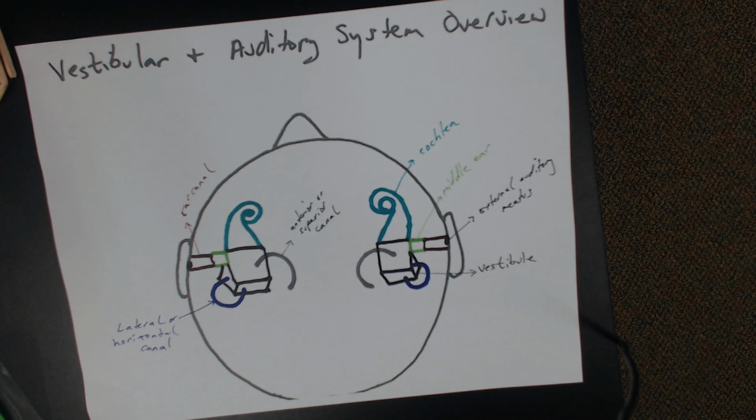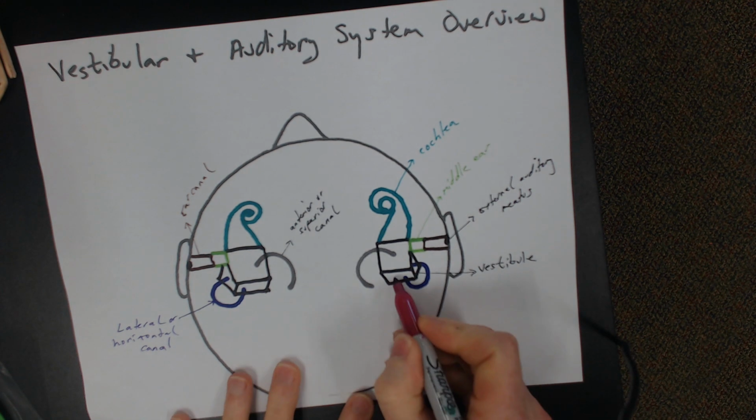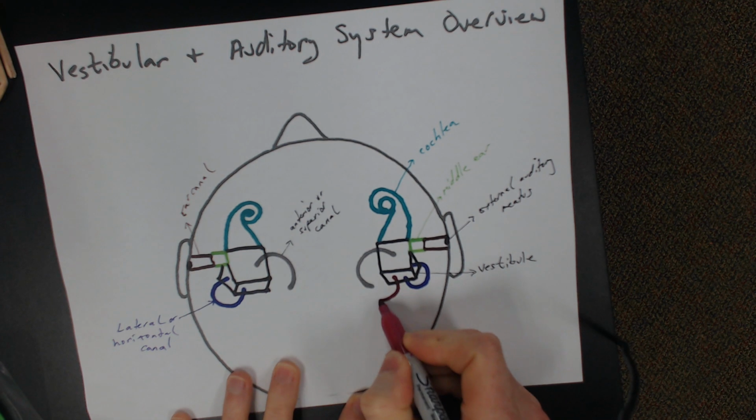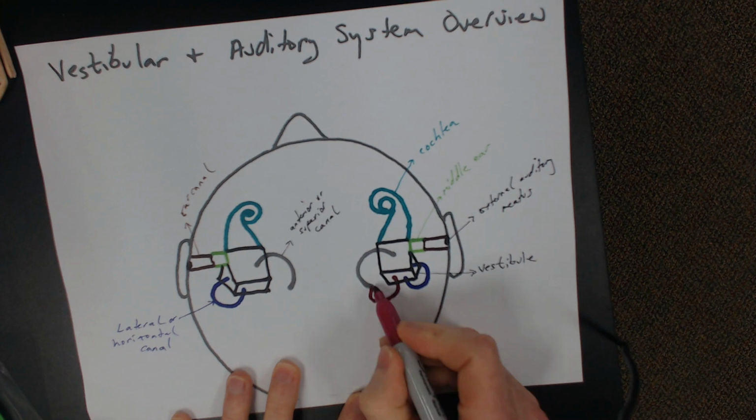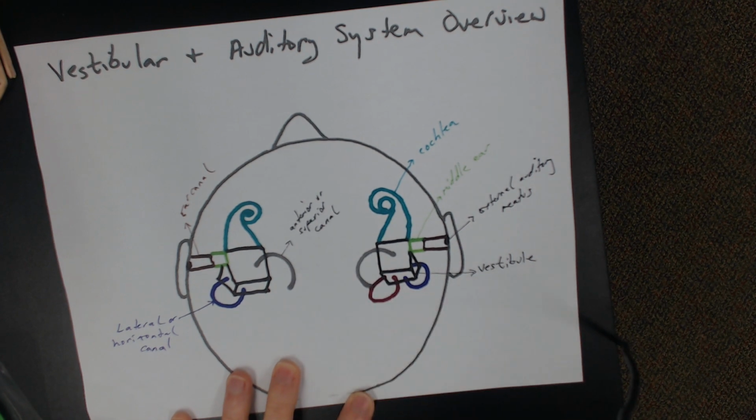Okay, one on left and right. And then finally, last but not least, you have another canal that comes off the back of the box, connects up with the anterior canal, and then hooks back up to the back of the box.